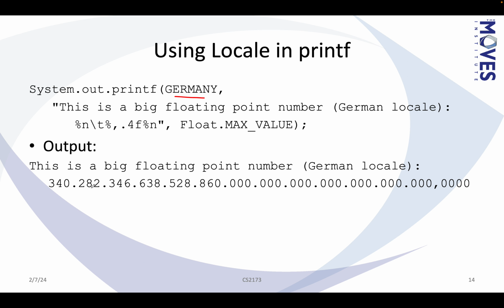So in Germany, if I'm printing a big number like this, it will use a decimal point to separate the places to the left of the decimal, and it will use a comma to indicate the things to the right.